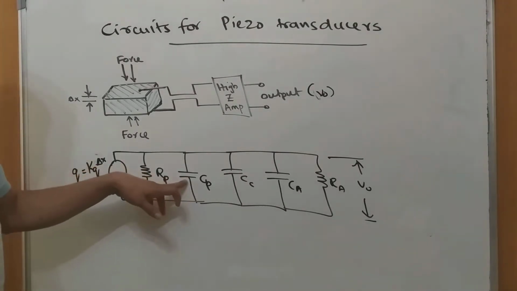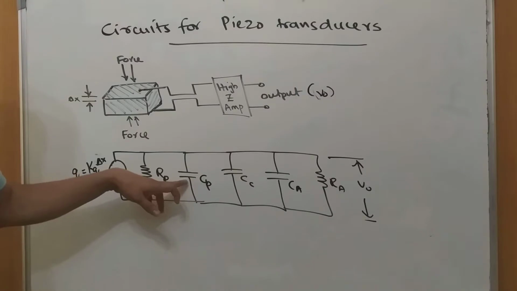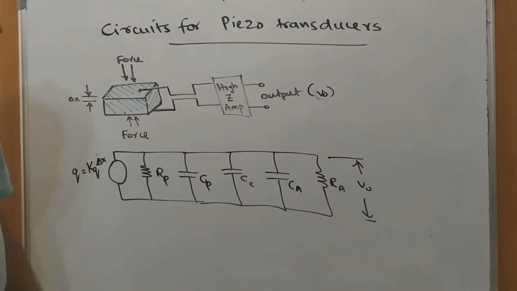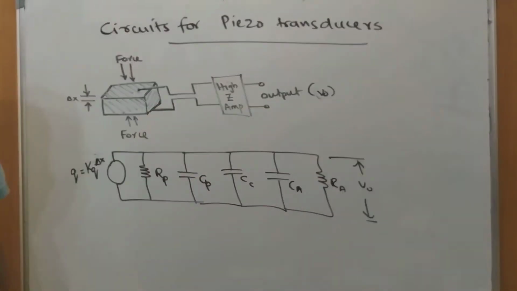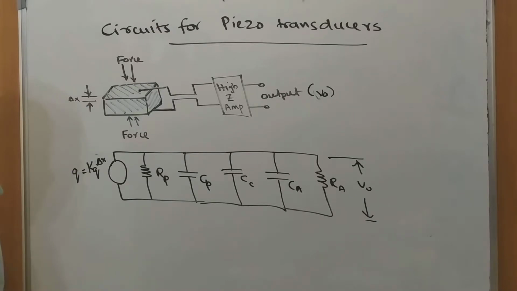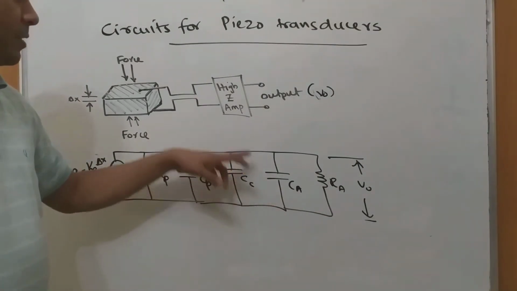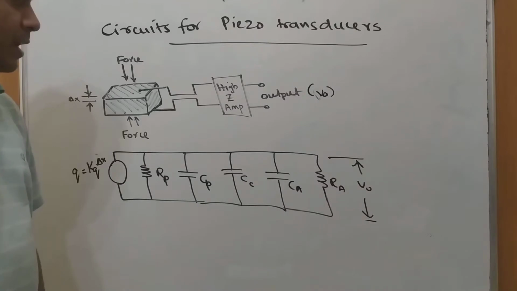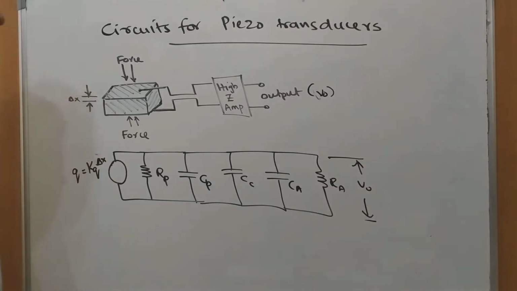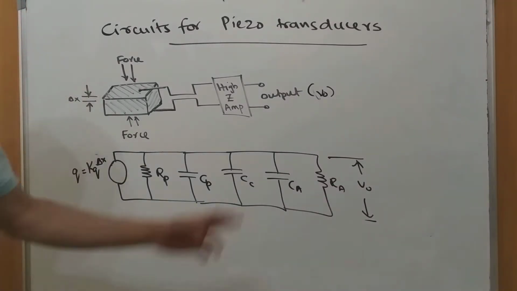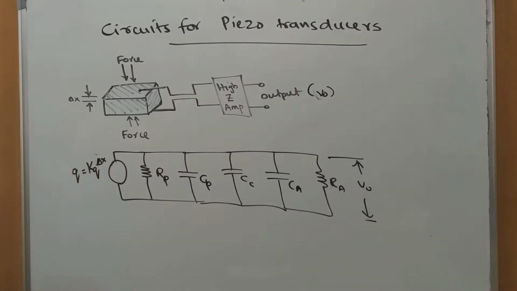CP is the capacitance of the transducer, and Cc is the capacitance related to the cable, or it can also be considered as stray capacitance. Ca is the capacitance of the amplifier, and Ra is the resistance of the amplifier. Then the final output voltage is V out.